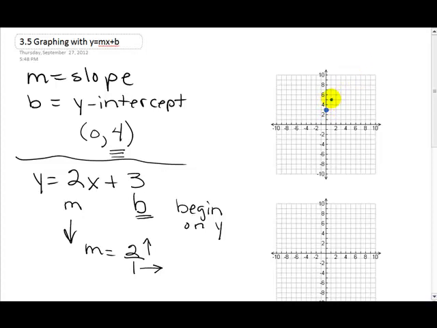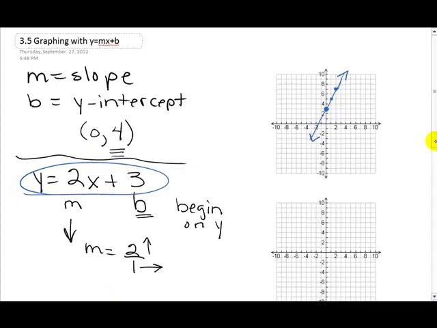Then we'll do the same thing, up 2 and over 1. And then we would draw a line connecting and make it nice and long. Use a straight edge. I'm freehanding it because it's a little hard with the ruler on this thing. And there's our line for this equation.